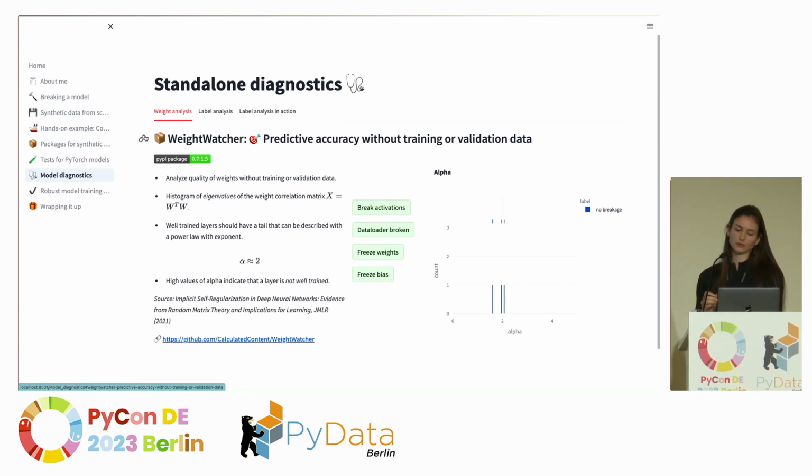Especially, for example, if you want to compare pre-trained models to see which one is more suitable for your data. And also if you do model compression, to check that nothing has broken during your model compression, for example, you've compressed too much. But in general, you can put any model into this. But I also don't have a clear recommendation of which metric is the best, so I would recommend to look at all metrics as a whole.